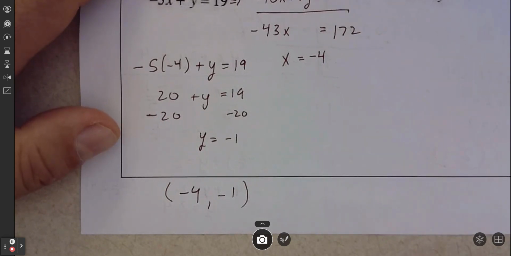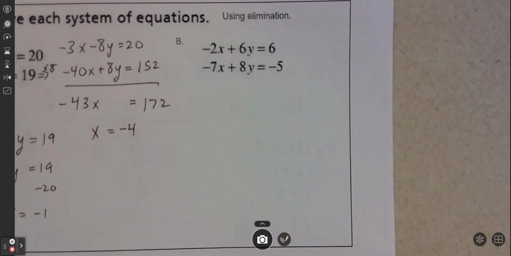Okay. Last one. What do we need to do on this one? Multiply each equation by the other equation's exact value. So instead of just changing one of them, we're going to change both. What do we want to multiply the top one by? 7.